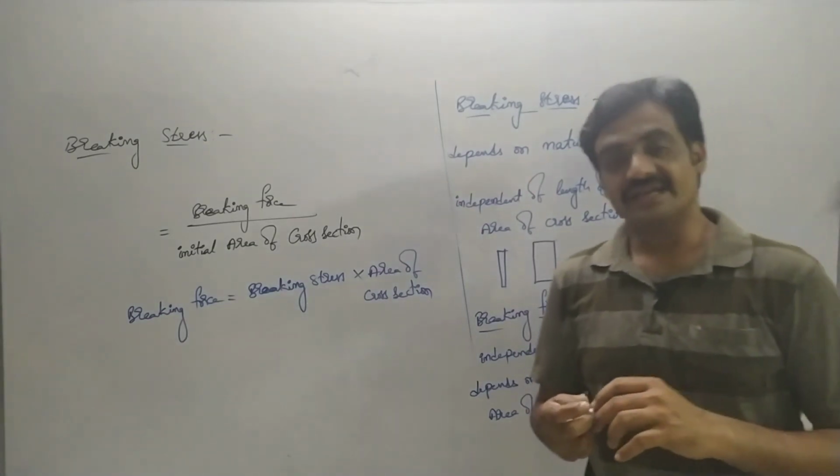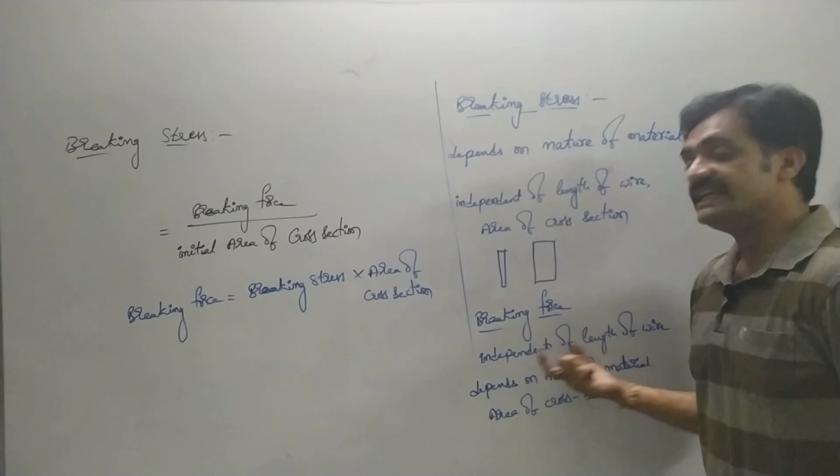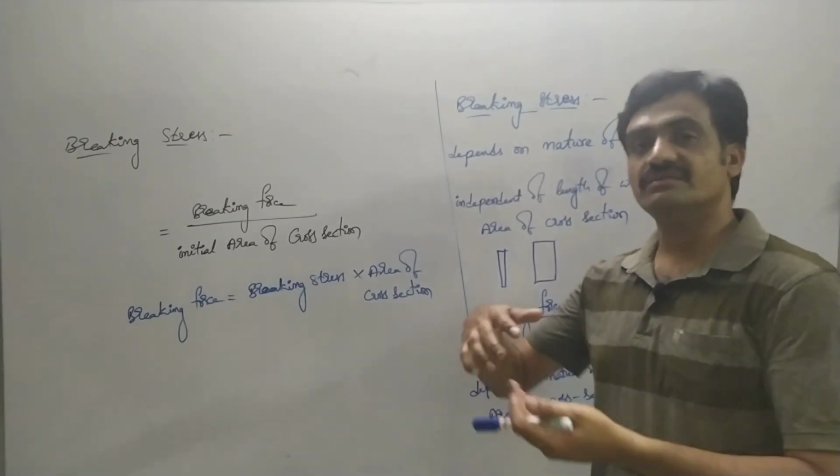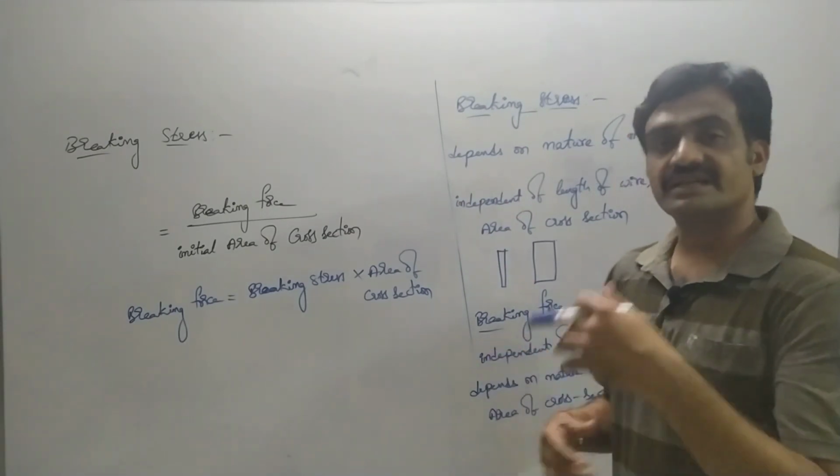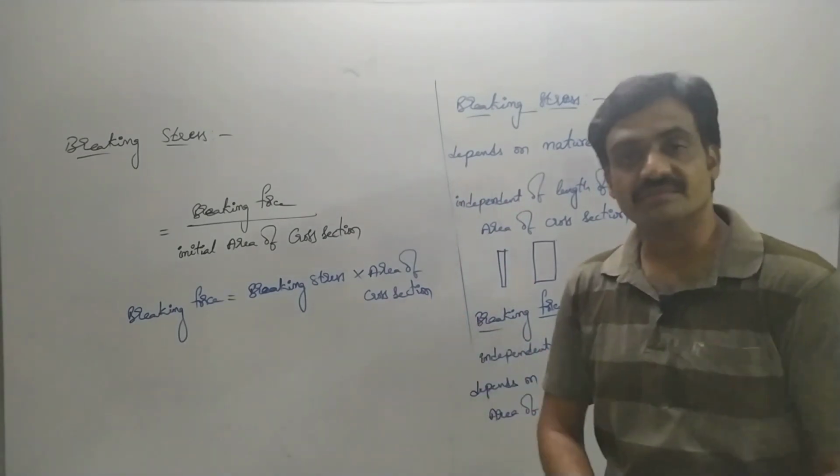The breaking force acting on the wire is independent of the length of the wire. Here we can consider a 5 meter length of wire or a 10 meter length of wire. The breaking force acting on the wire will remain the same based on the nature of the material.